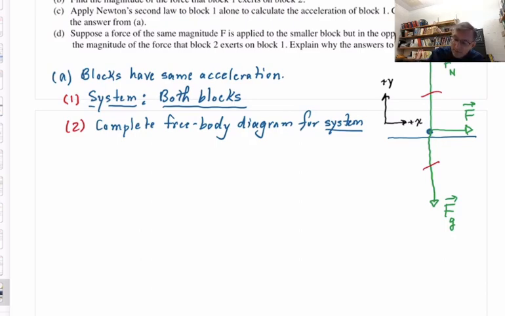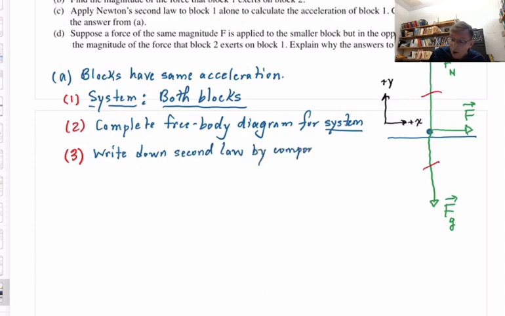Okay, the next step in applying Newton's second law is to write it down in component form. So we write down the second law by components.